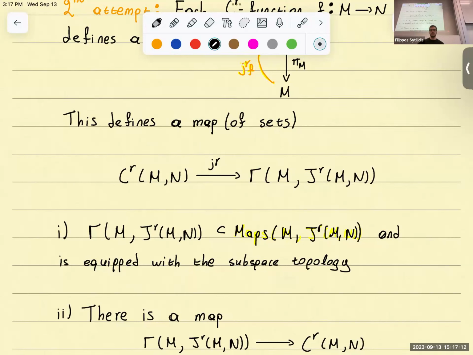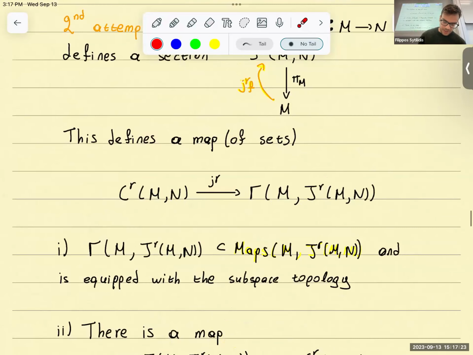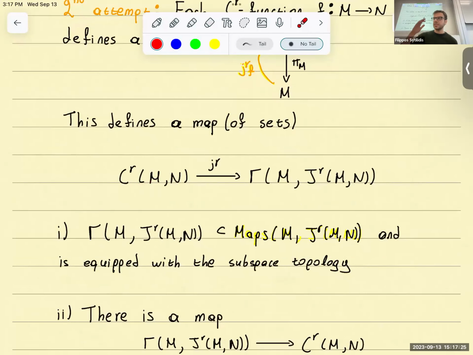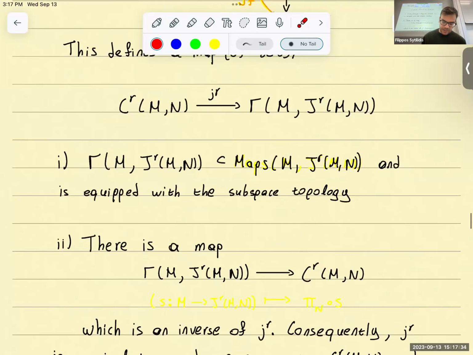So I can just use a subspace topology here. Now, this map from C^r of M, N to the space of sections is an inclusion. So I can realize C^r of M, N actually as a subspace.